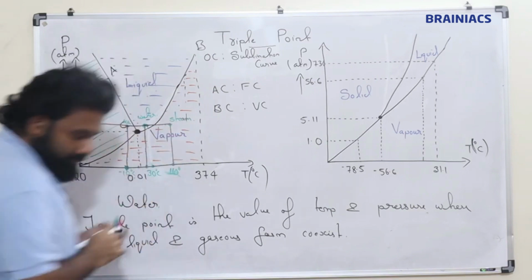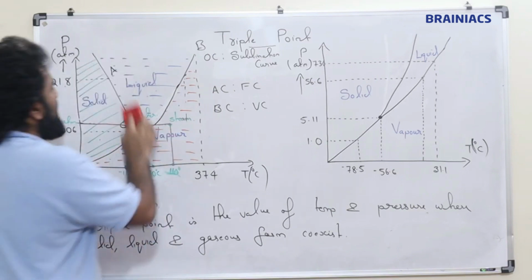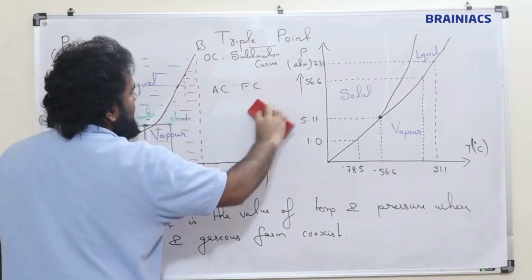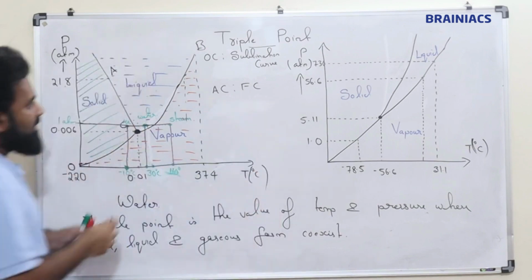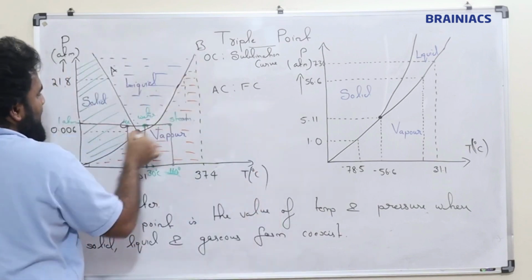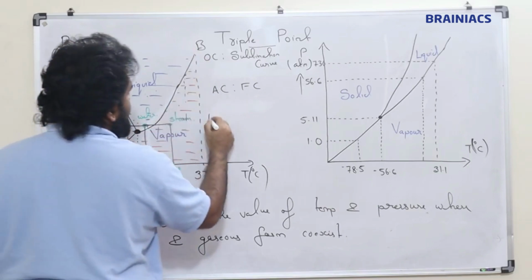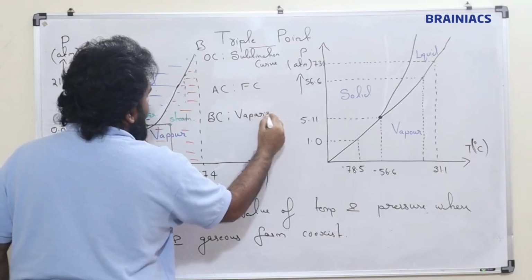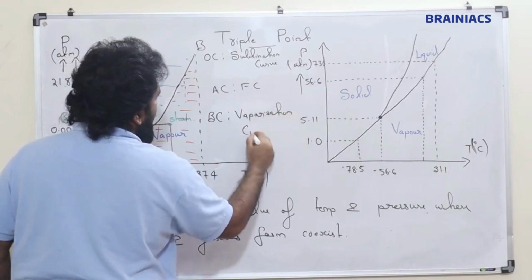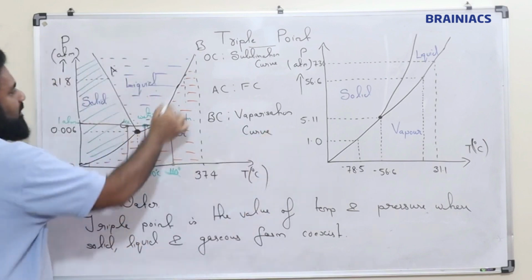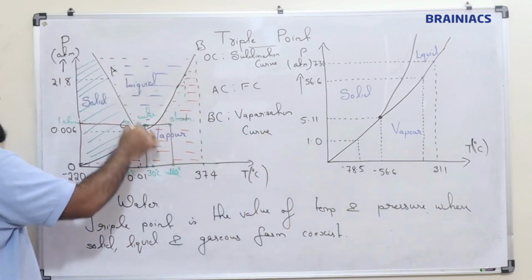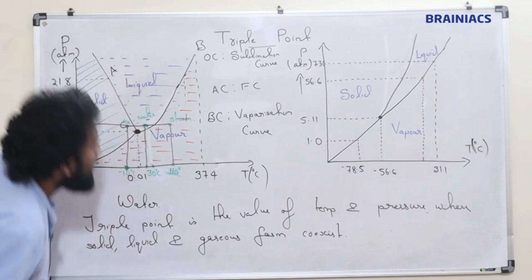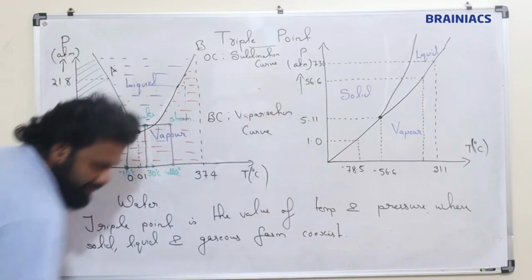So this BC or CB is the vaporization curve. And here you can see AC, solid will convert into liquid, that is nothing but the fusion curve. AC is the fusion curve.